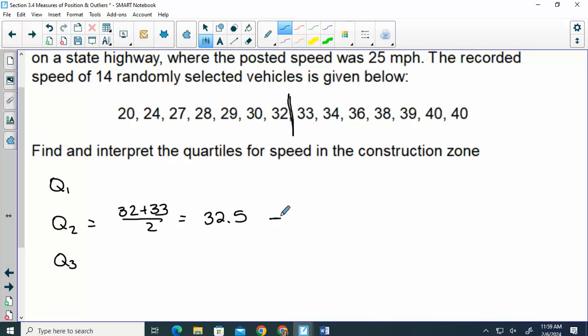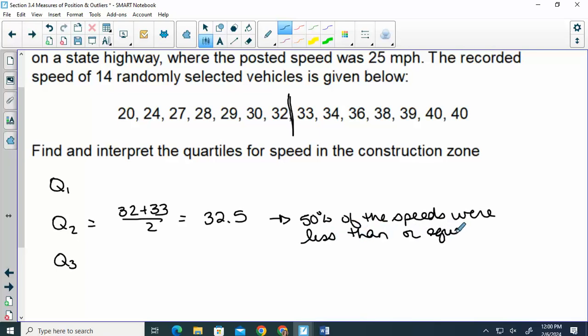Okay, so what this means is 50% of the speeds were less than or equal to 32.5 miles per hour.